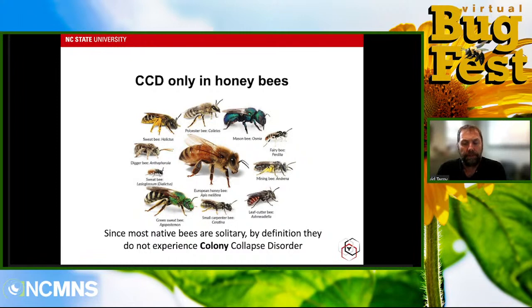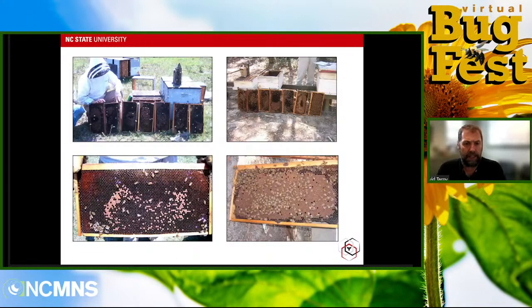But moreover, what we see in honeybee colonies in colony collapse disorder is this very rapid depopulation of the colonies. So they go from 50,000 bees down to just a few hundred or a few thousand very, very quickly. And we didn't really understand at the time, 10 plus years ago, why this was occurring.